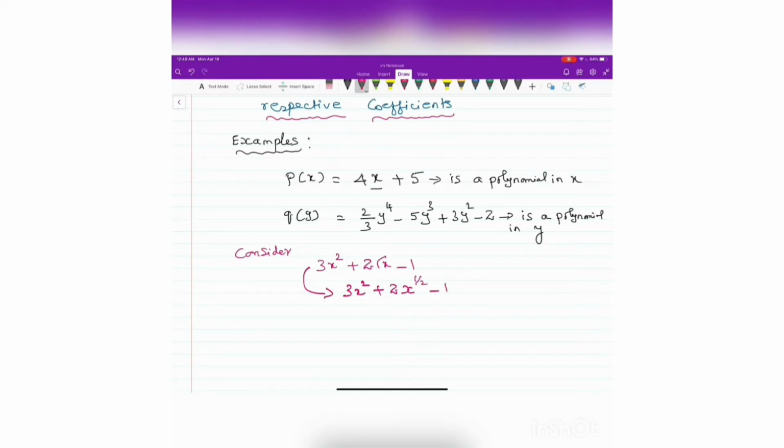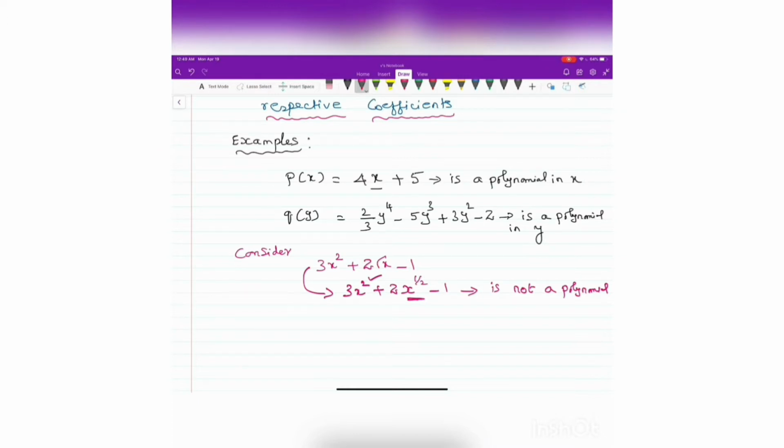If you see the power of x, this 2 is a positive integer, whereas half is not a positive integer. Isn't it? Therefore, it is not a polynomial. Why I am explaining this particular part is you have got many 1 mark questions. So, you may come across questions of this type. So, this is a very important point. This one is not a polynomial, because the power of x is half here in this place, which is not a positive integer.